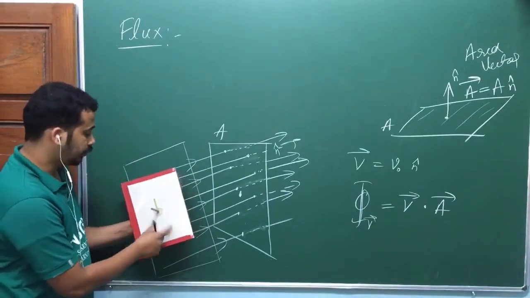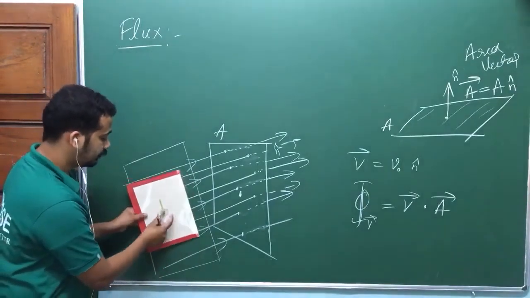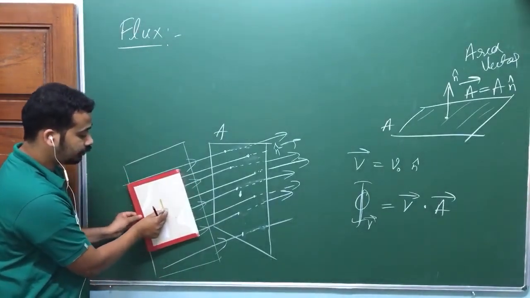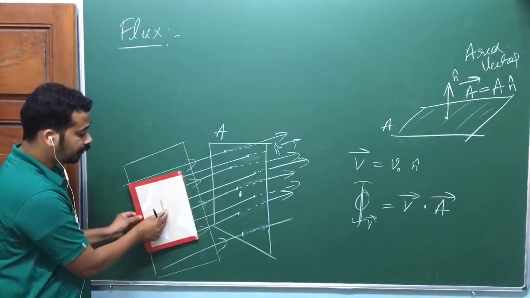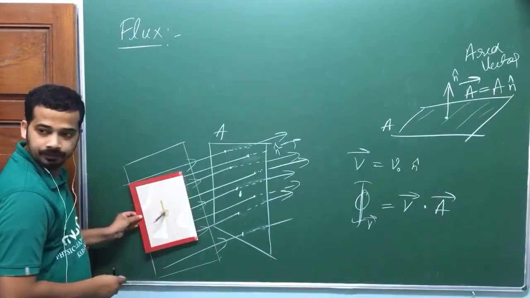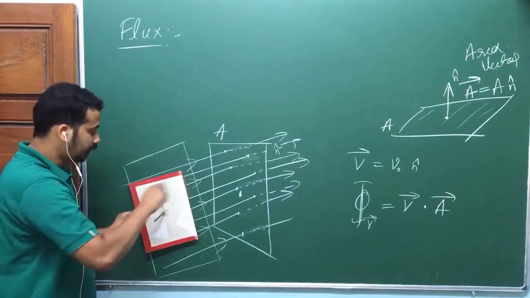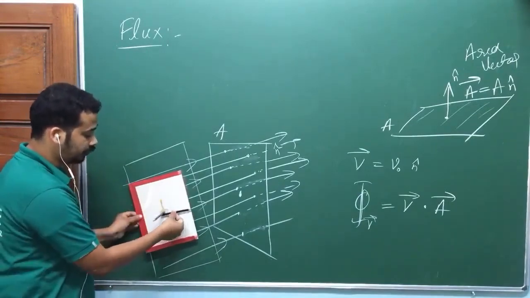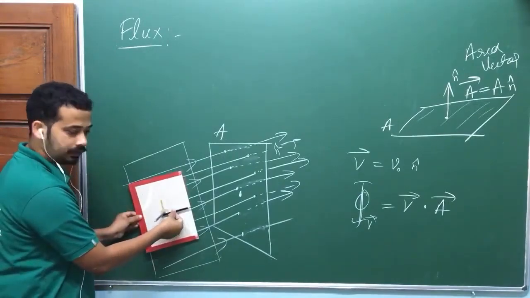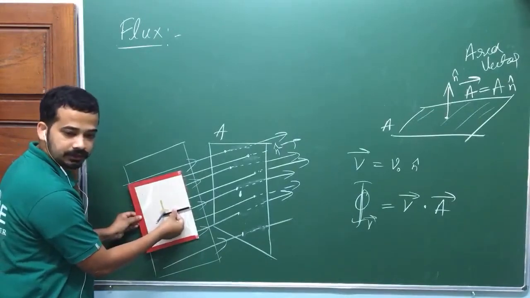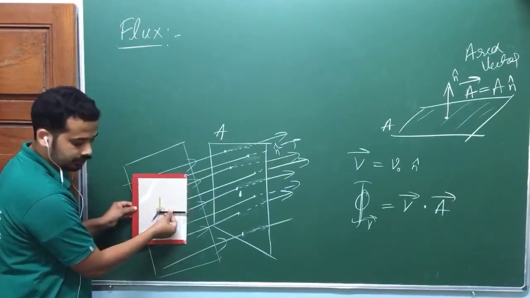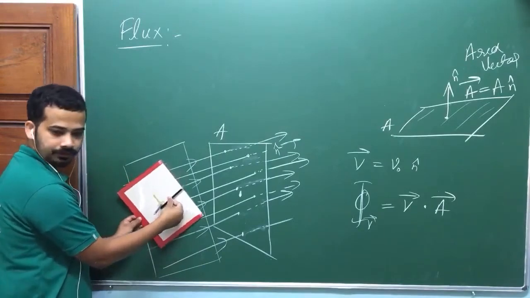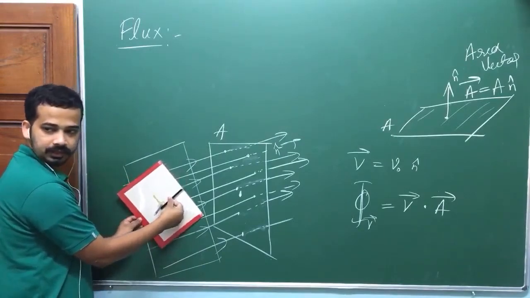Now look at here. If you place your plane like this, your area vector is perpendicular to the plane, isn't it? But the vector fields are parallel to the plane, isn't it? So the angle between them is 90 degrees. Can you just imagine? Is that okay? The angle between them is 90 degrees, isn't it?